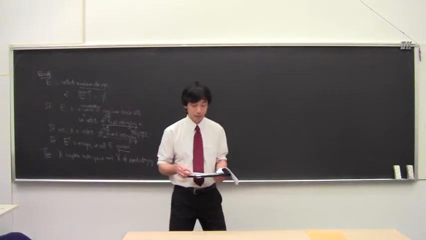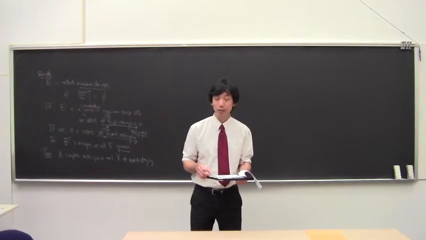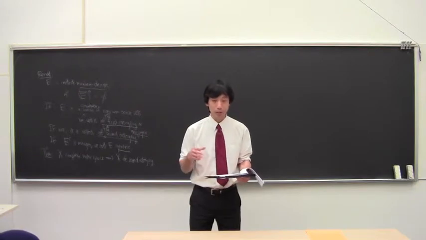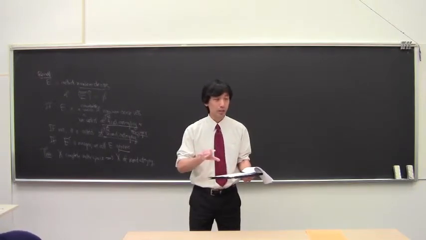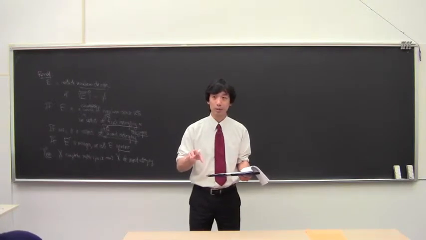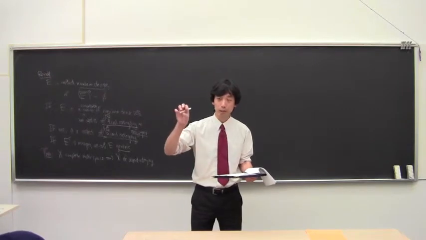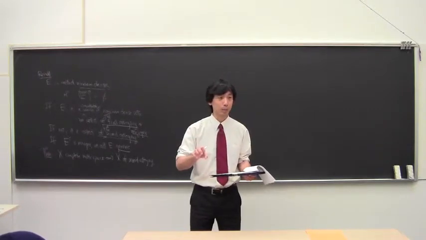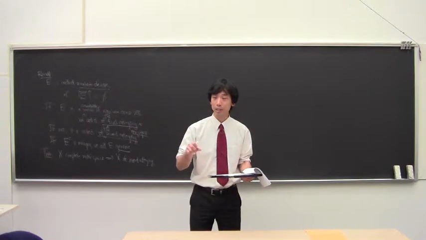The last one is this thing called the uniform boundedness principle, which is you have a Banach space, and then you have a set of continuous linear functionals on the Banach space. Suppose these linear functionals are pointwise bounded.